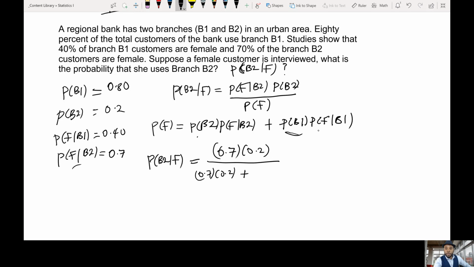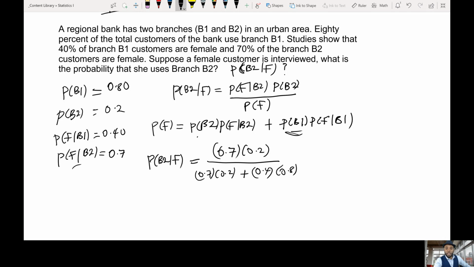I can always flip this. The probability of female given B1 is 0.4 times the probability of B1, which is 0.8, just to be consistent with my numerator.